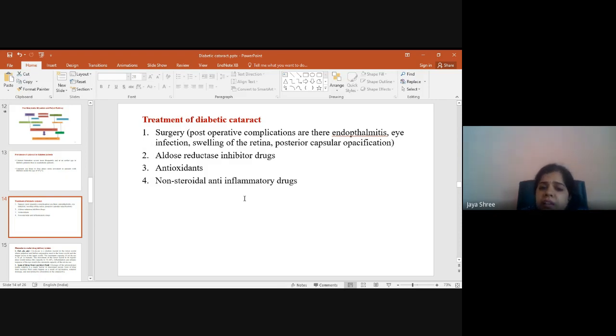The recent trend is to find a novel drug like aldose reductase inhibitors, antioxidants, and non-steroidal anti-inflammatory drugs that somehow delay the cataract formation. And the most suitable route is the ocular route; it should be given via an ocular delivery system.